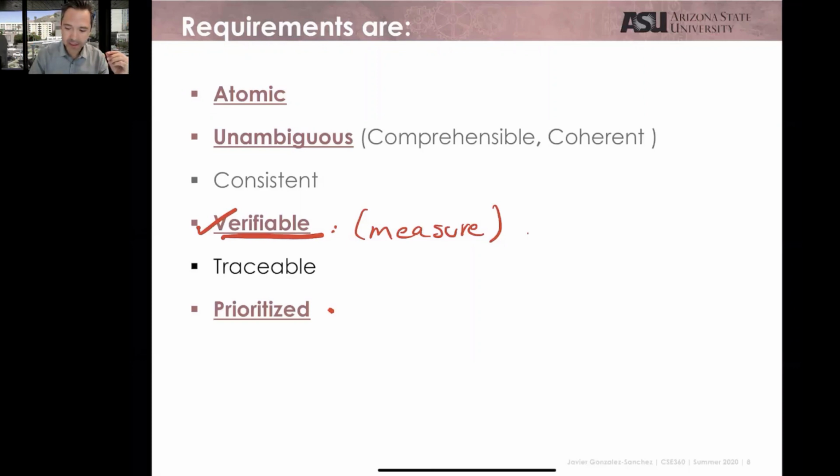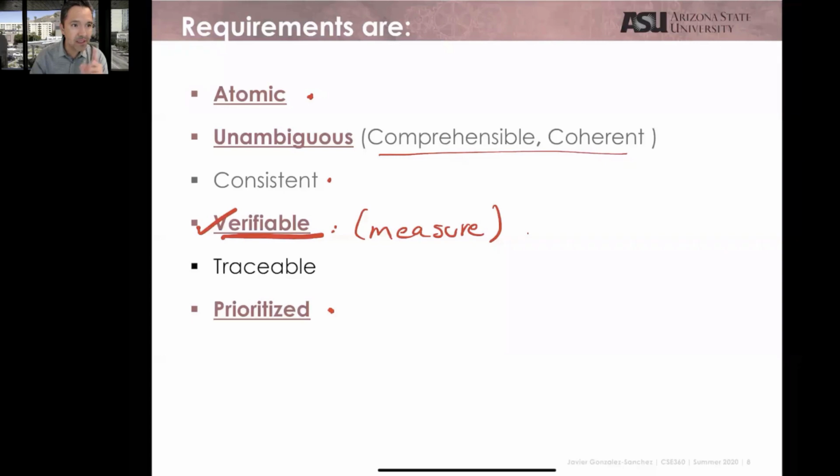When it's something that is atomic, small, something that you can complete in 2 weeks in the case of Agile, when it's something that you and all your teammates understand in the same way, is clear. Moreover, is not contradictory with other things that you are going to do. When you have this checklist in a statement, that statement is a requirement.